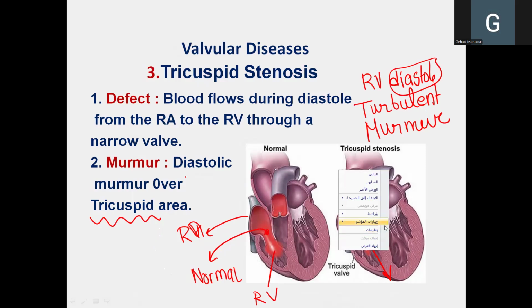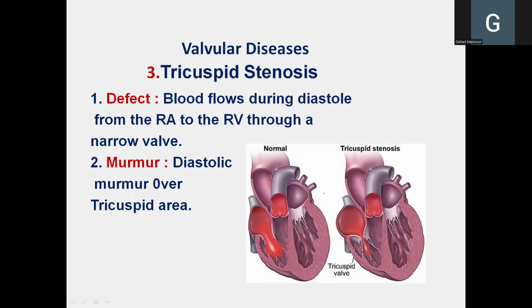So once you have understood the main principles of the hemodynamic changes in the valvular diseases, you can deduce them on your own. What is a diastolic murmur? It is a murmur that lies between S2 and the following S1. This is very similar to the diastolic murmur in case of mitral stenosis.